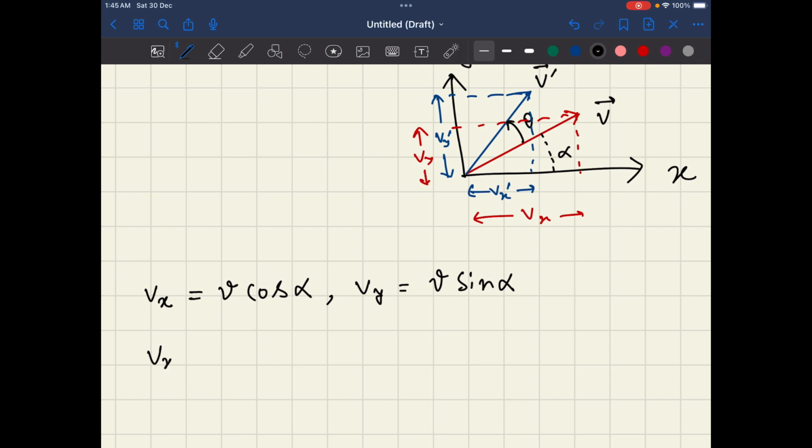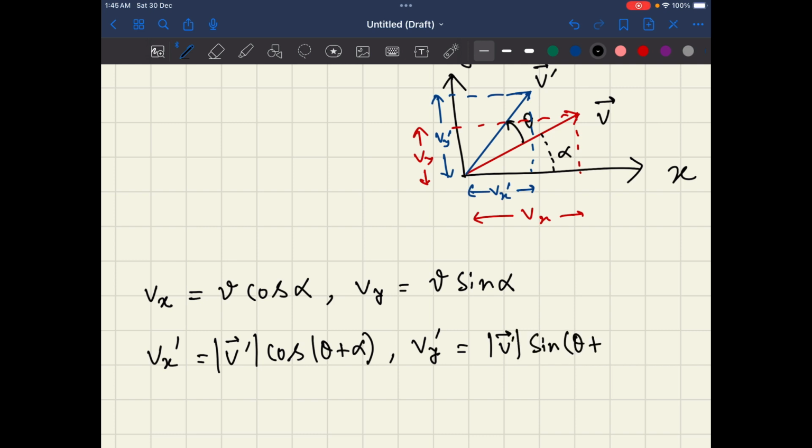Now from the picture, Vx prime is V prime cos(theta plus alpha), and Vy prime is V prime sin(theta plus alpha).